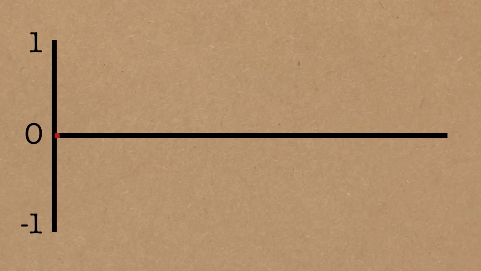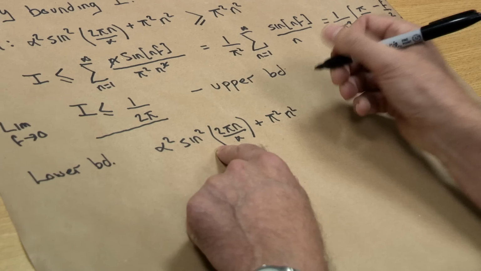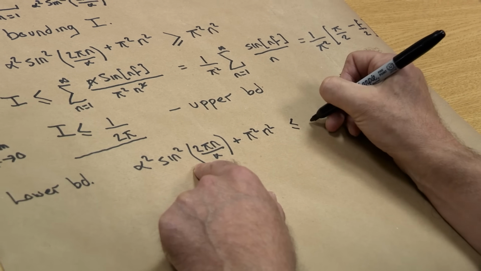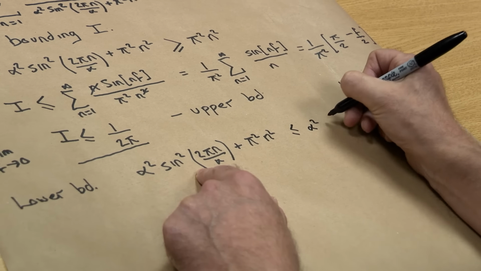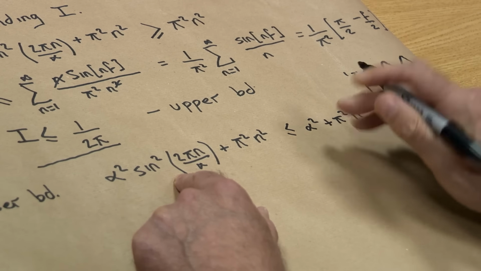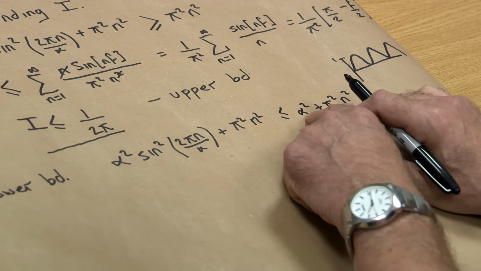It starts at 0 and it will go up to 1 and then it will come down and it will go up to 1 and it will come down. So this is always less than or equal to 1, which means that this thing will always be less than or equal to alpha squared plus pi squared n squared. Because this thing's always less than or equal to 1, and that's having it equal to 1.